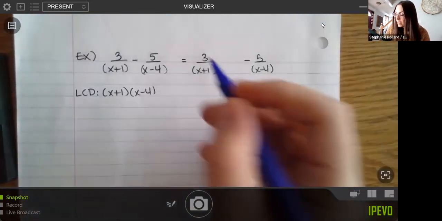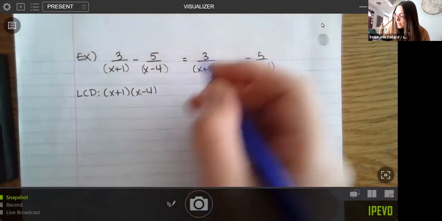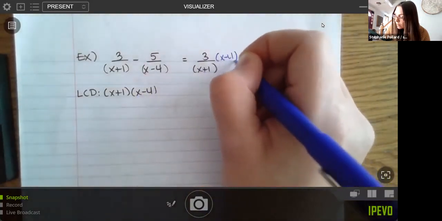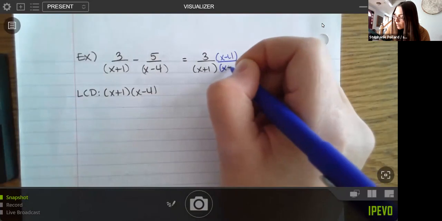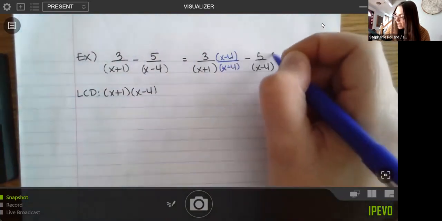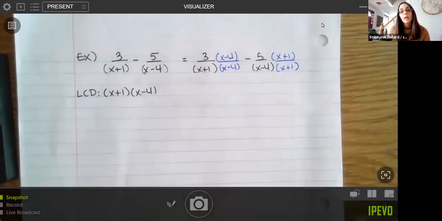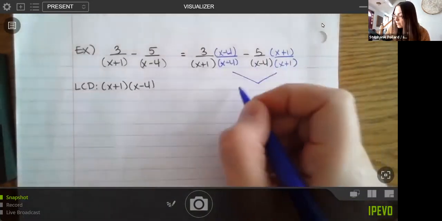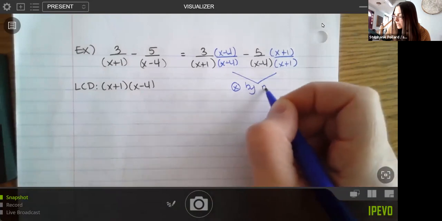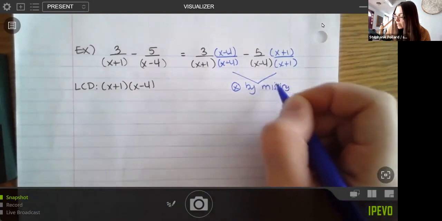So in the first case, I have the x plus 1, but I'm missing the x minus 4. And in the second case, I have the x minus 4, but I'm missing the x plus 1. So we are multiplying here by the missing factor, just like we did with fractions.